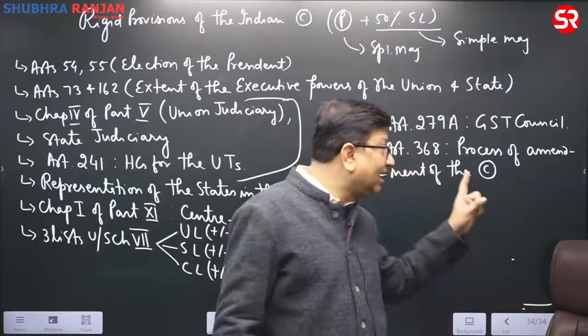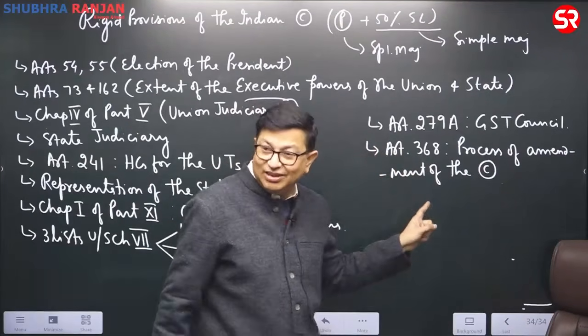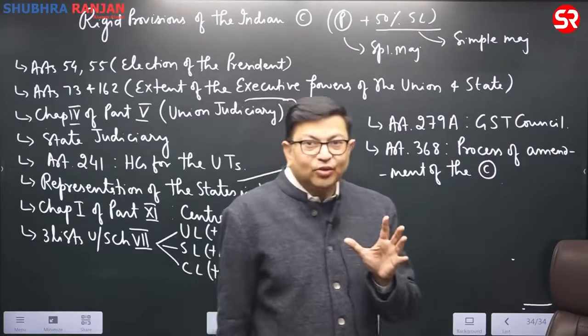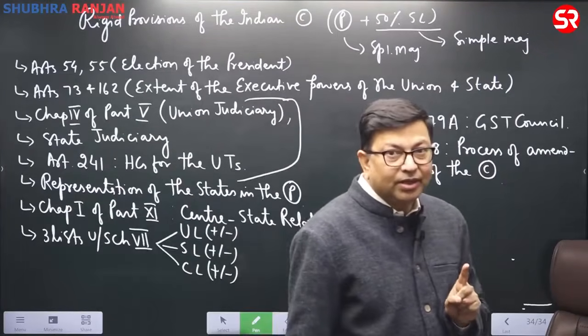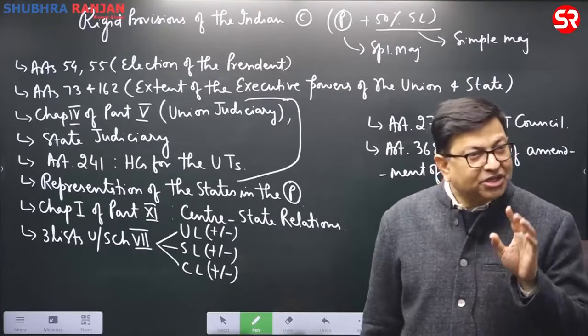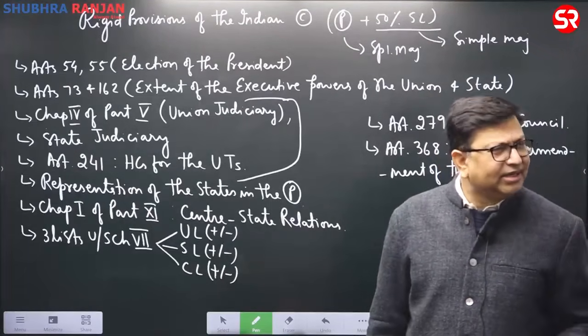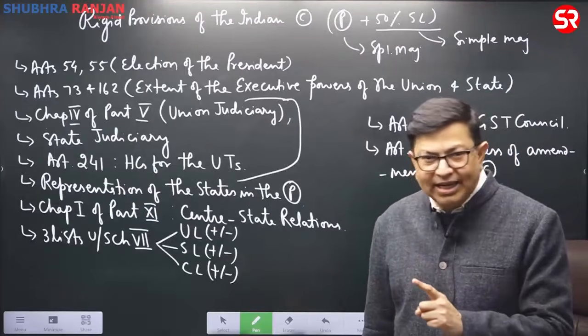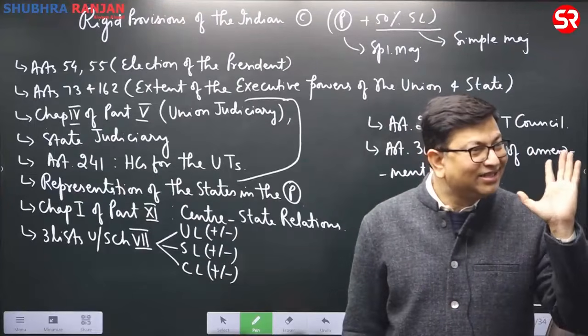That is why this article is a rigid one. So the summary is that those provisions of the constitution which aim to protect the interest of the state, which are related with center state relations and independence of judiciary, they have been made rigid in nature.